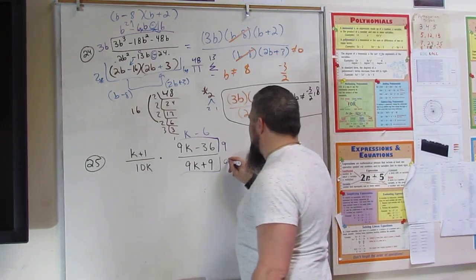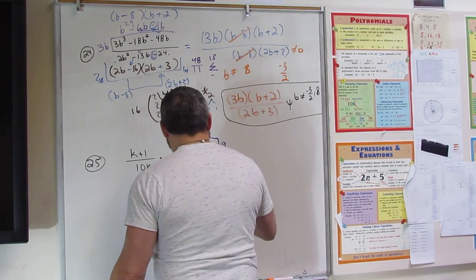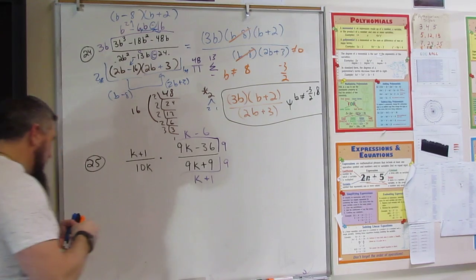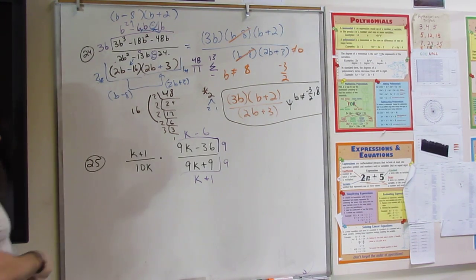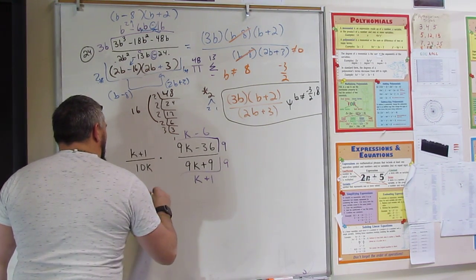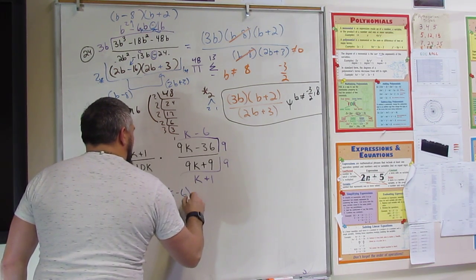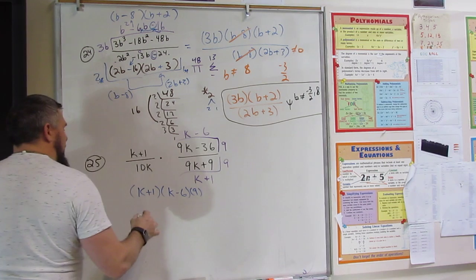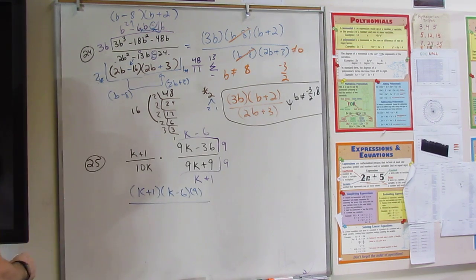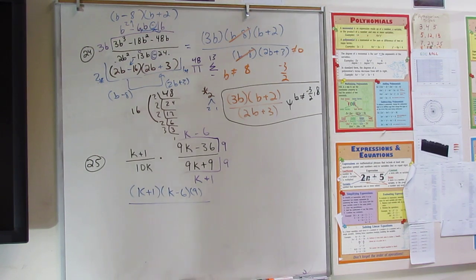Woo! You guys are sharp. Okay? And then we'll rewrite it. So we have k plus 1 times k minus 6 times 9 all over, well, you'll notice that this one's the only one that's not different.